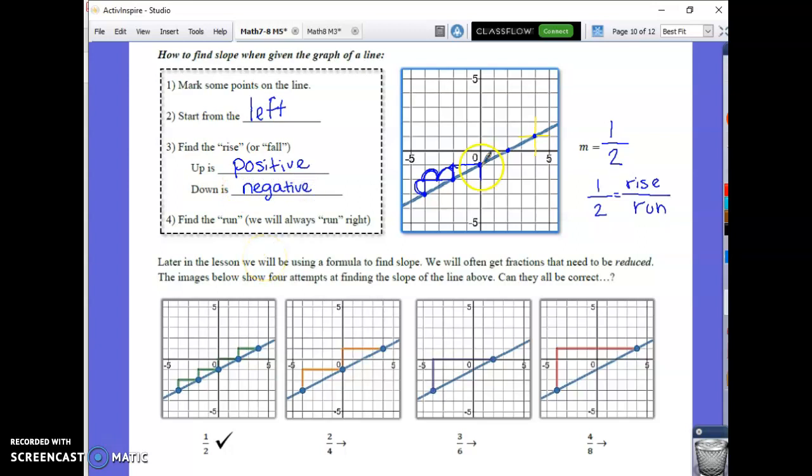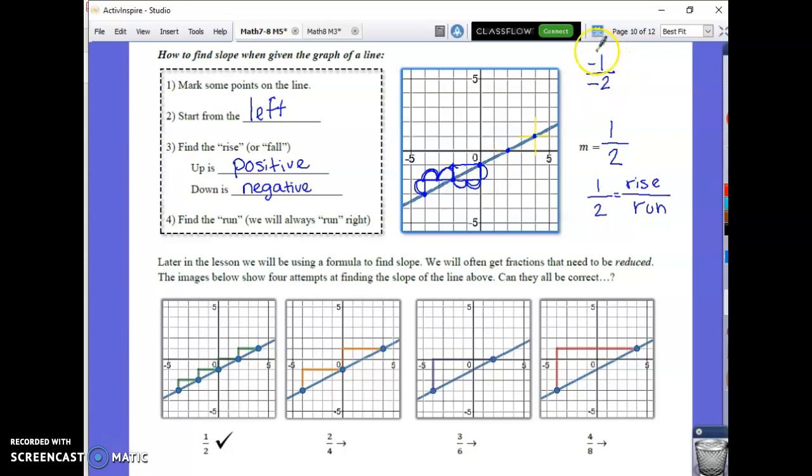So if we wanted to get from this point to this point, we'd go 1 unit down, so our rise would actually be -1, and our run would be 2 units to the left. And remember, going left on a graph is also associated with a negative movement. So this is -1 and -2 because we went to the left.